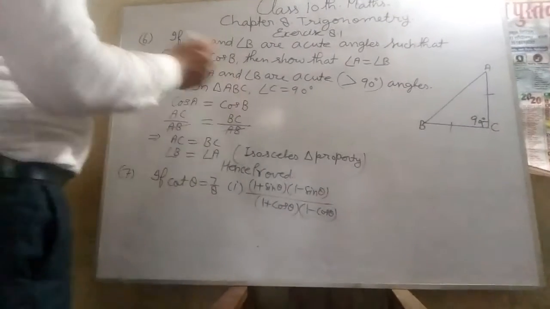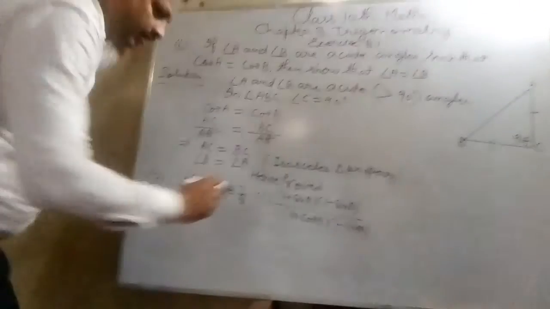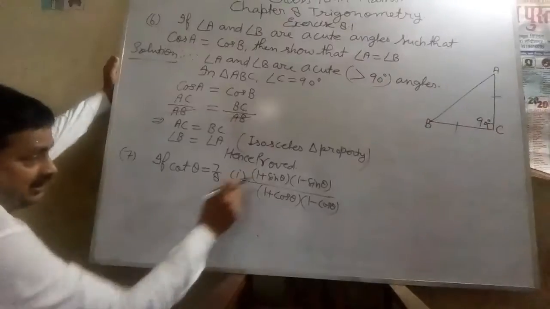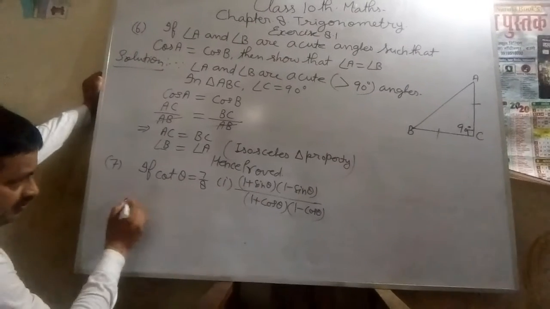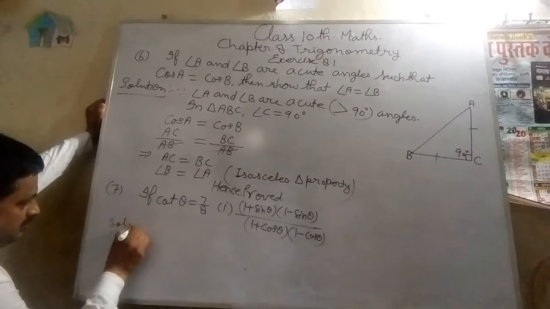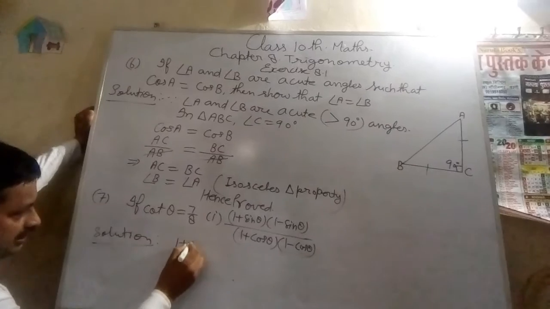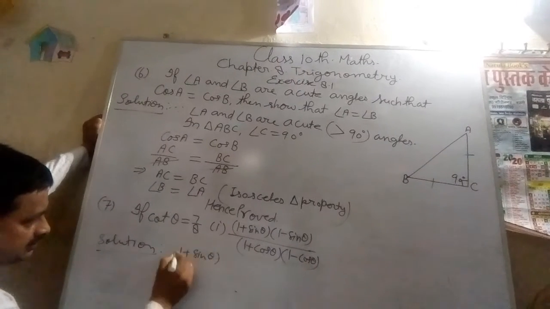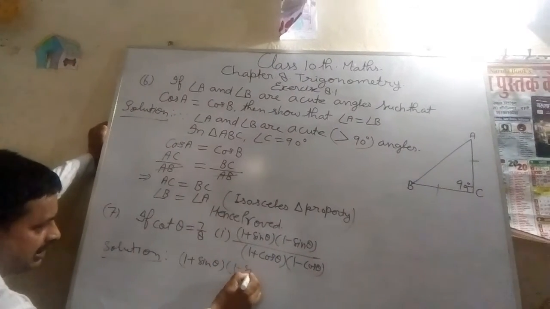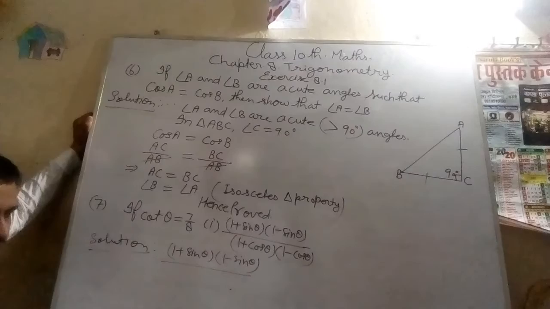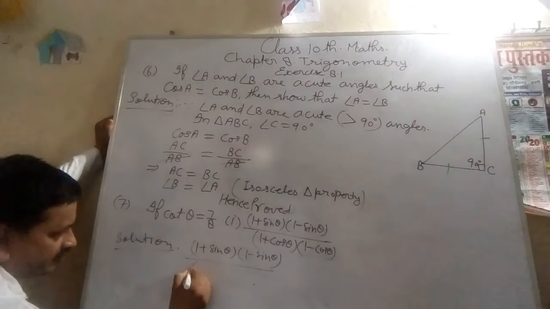So, students, we can solve this problem by using identity also. Solution: 1 plus sin theta into 1 minus sin theta means A plus B into A minus B. Use identity.